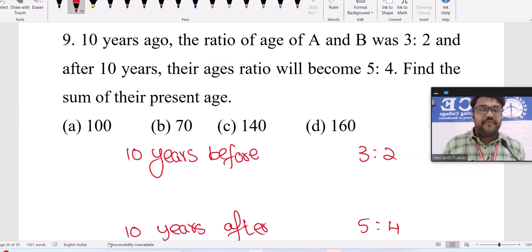You know about 10 years before and 10 years after. Present, what is the scenario?